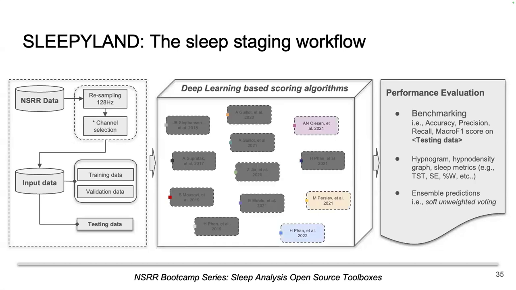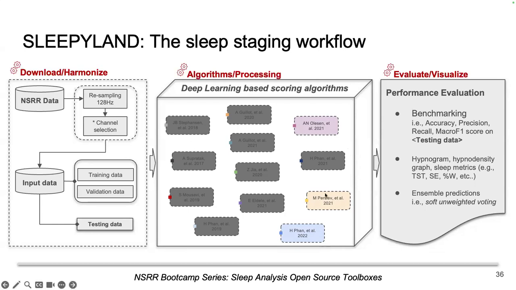In this slide, I'm just highlighting the three deep learning models that we are exposing at the moment, where we're planning to insert also all the others. So as you see, we have different blocks. In the first part, the challenge was to have one block that is able to download all the data from the NSRR and harmonize all the data.